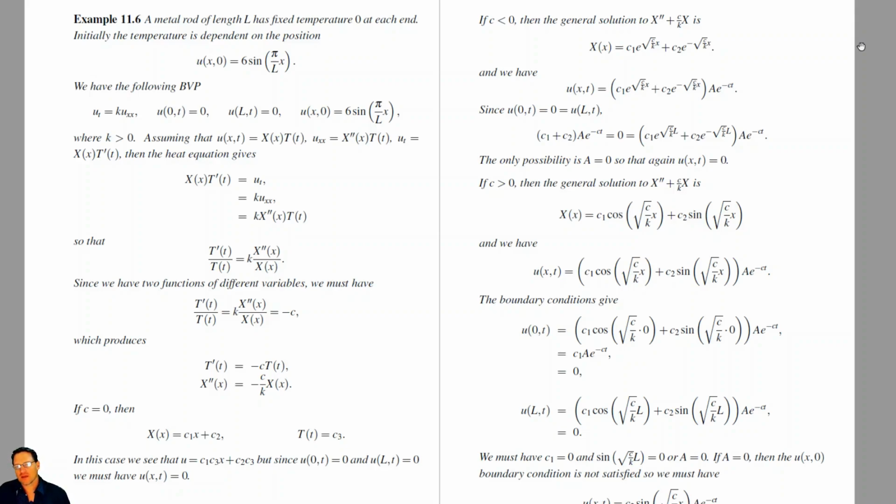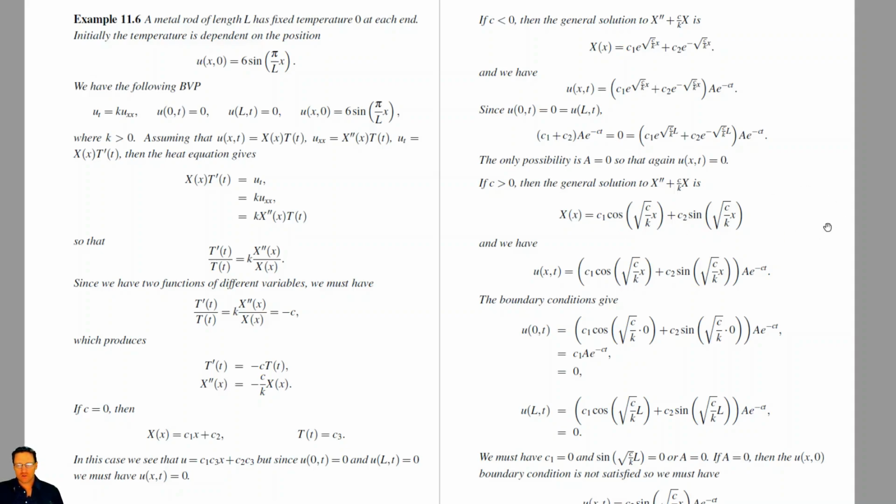And we get that u is this expression times some constant e to the minus ct. Since u(0,t) is 0 and u(L,t) is 0, we can sub in x is 0 and get some more information. It tells us that u has to be equal to 0, so again we get that u is 0.